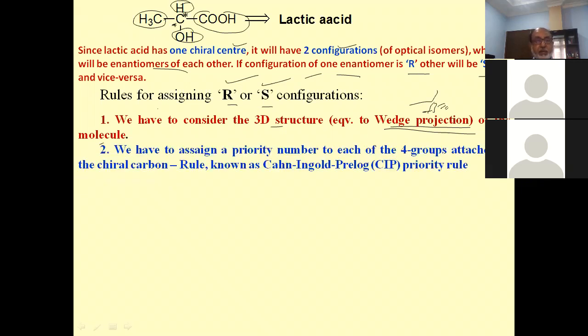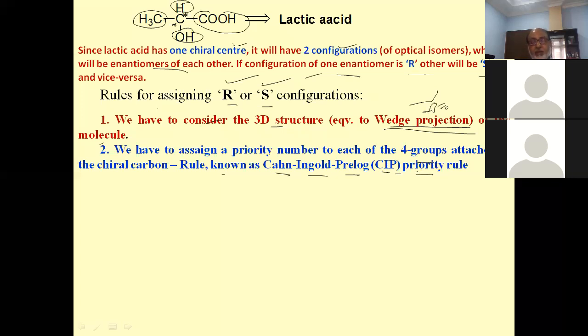So what we have to do, we have to assign the priority number to each of these 4 groups. So this is very important. Each of these 4 groups will get their priority number from 1 to 4. 1 will be the highest priority and 4 will be the lowest priority. And we use the rule known as Cahn-Ingold-Prelog or CIP priority rule.